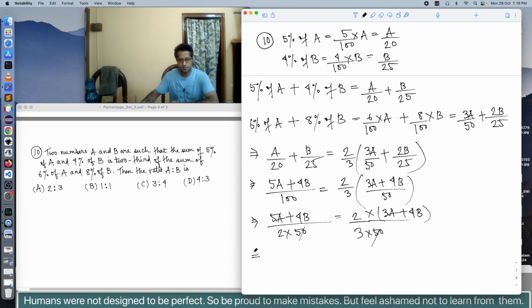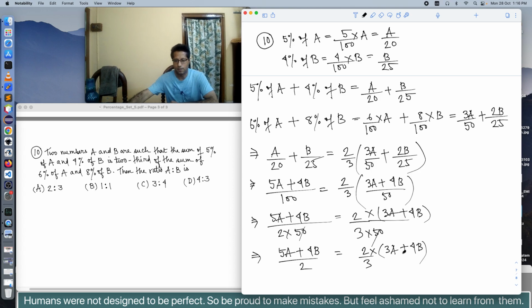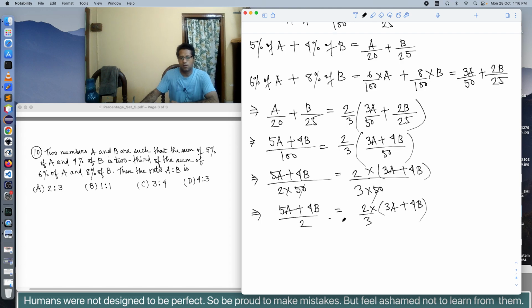So we have 5A plus 4B divided by 2 is equal to 2 by 3 multiplied by 3A plus 4B. Now we can apply cross multiplication and we get 3 multiplied by 5A plus 4B is equal to 2 multiplied by 3A plus 4B.